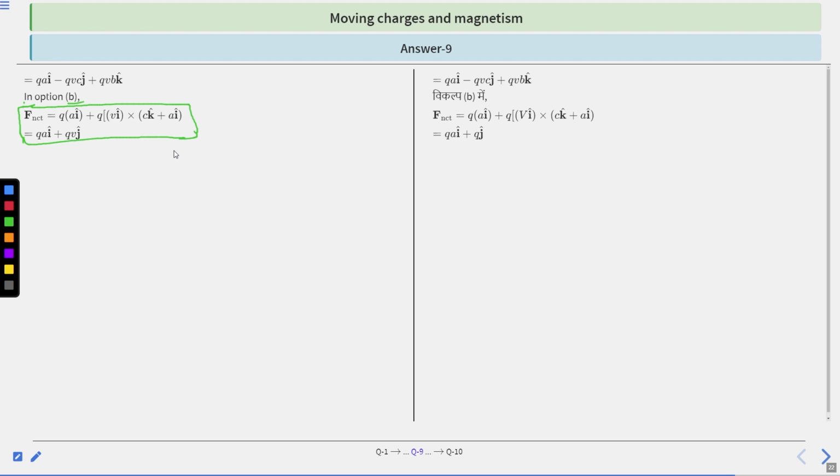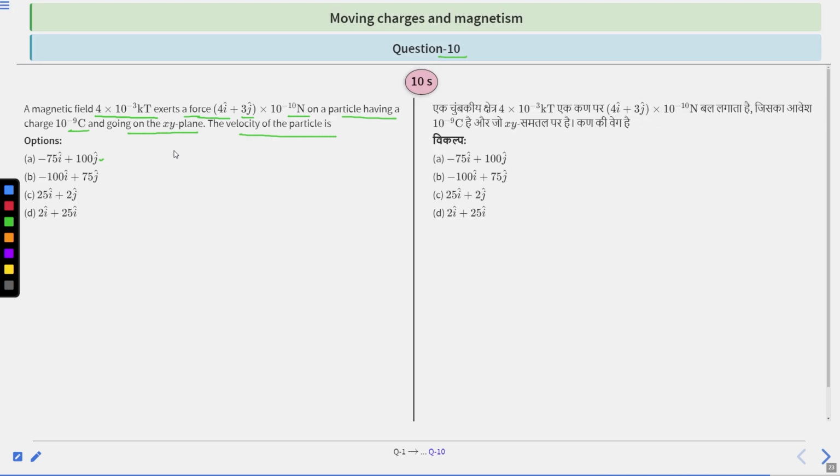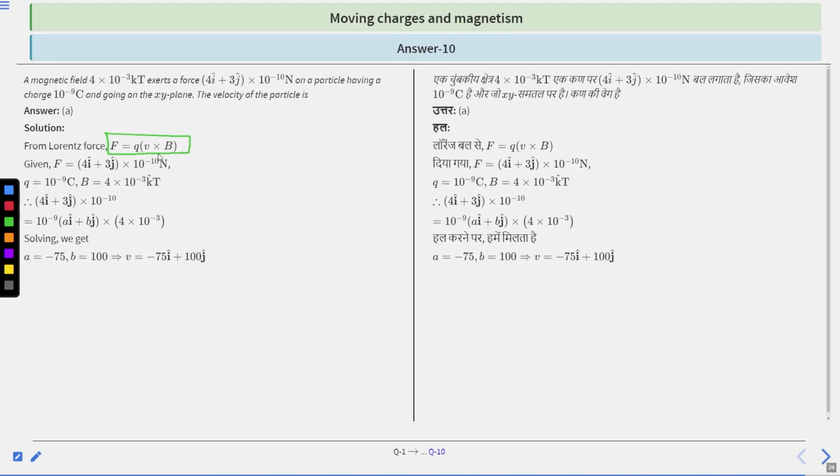And F net force is QE plus QV cross B. So we know F is equal to 4I cap plus 3J cap into 10 raised to the power minus 10 Newton. This is the force which is given in this question. And Q is equal to this and B is equal to this. So all quantities are given. We have to find the velocity of the particle.